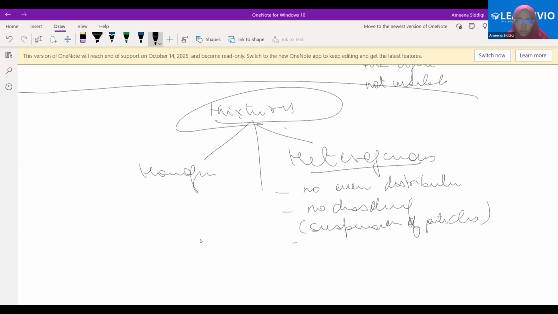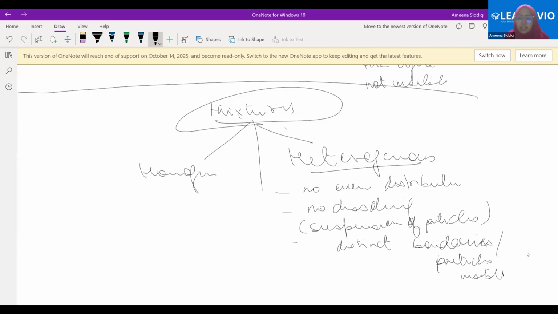The third one, because of all of these properties, distinct boundaries of particles are visible. Distinct means different.